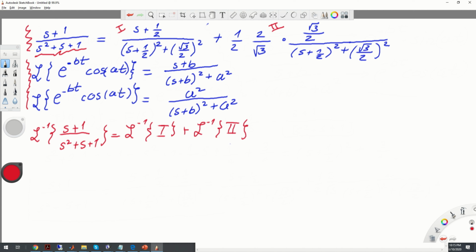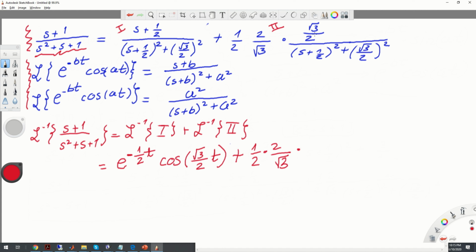Now, applying the formula, what do we have for the first term? For the first term, we have e to the minus 1/2 time, cosine of square root of 3 over 2 times time. This is the first term. What is the second term? Here is our second term. If we have plus 1/2 multiplying 2 over square root of 3, what do we have here?